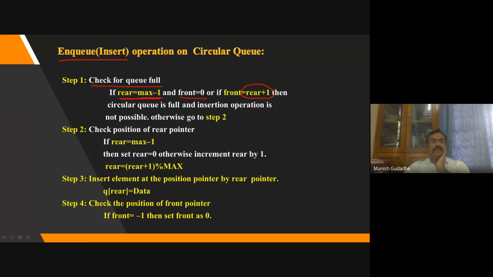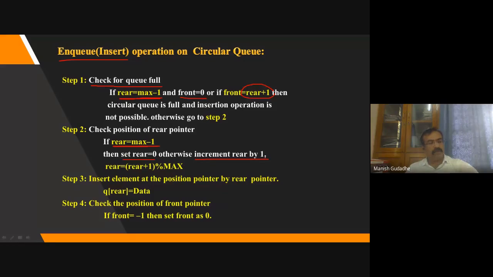Okay. If this is not true, we are going for this position. In this case, if rear is equal to max minus 1, then set R is equal to 0. Otherwise, increment rear by 1. If it is not the maximum value, we can simply increment by 1. But if it is the maximum value, we'll have to set it to 0.